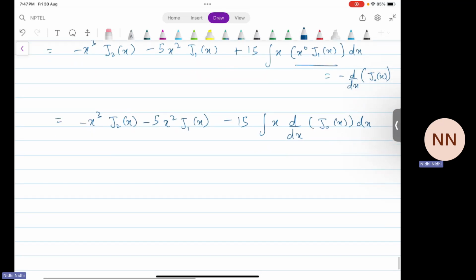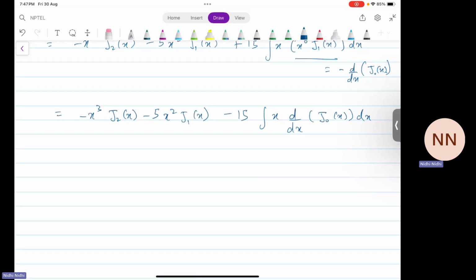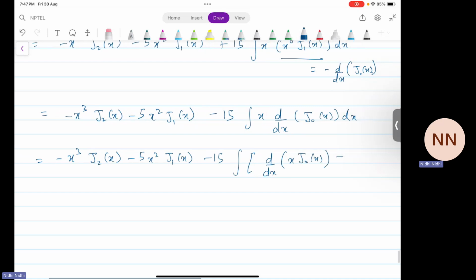Now again by product rule, we'll get minus x cube J2x minus 5x square J1x minus 15 integration d by dx of x J0x minus derivative of x is 1 and J0x as it is dx.